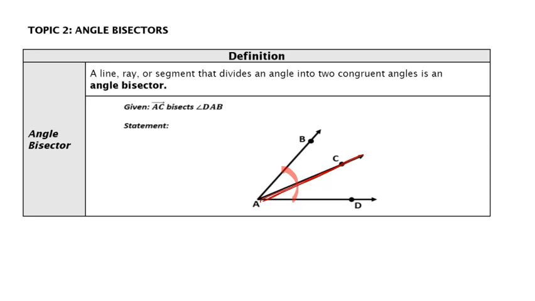So what that means is it's dividing the angle into two equal angles, right? So whatever the measurement of one angle is, it's the same as the measurement of the other. So if I was going to name this angle, I would name it BAC. So the measurement of BAC is going to be the same as CAD. So if this was 30 degrees, the other angle will also be 30 degrees.